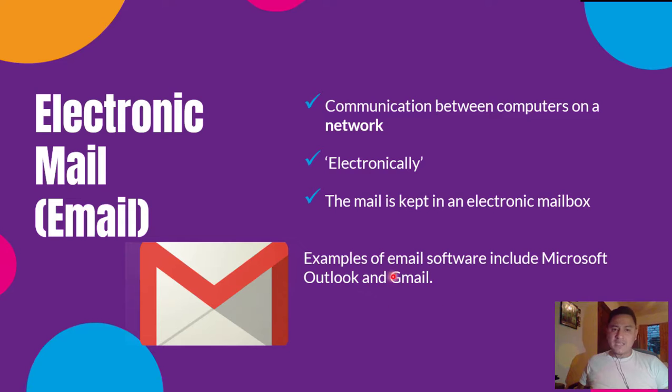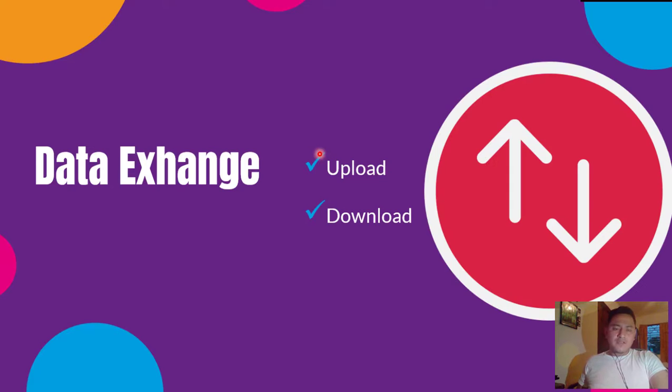So Gmail is an example of email software that uses an electronic mailbox for us to connect between computers by sending messages electronically. I bet you knew this already, but this was just a formal explanation of what electronic mail actually is.